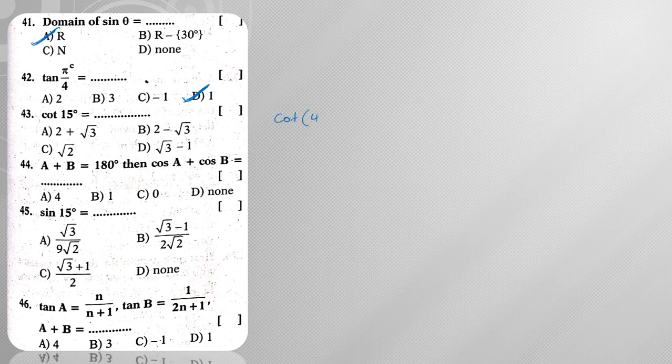So cot 15 degrees I can write as cot of 45 degrees minus 30 degrees. So cot of A minus B formula is given by cot B cot A plus 1 by cot B minus cot A.